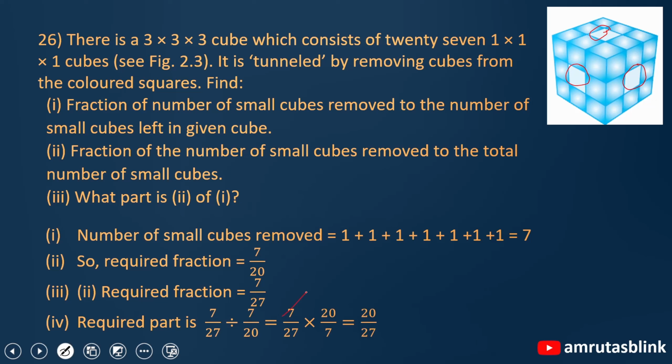Now this 7 and 7 will get cancelled, so we have 20 upon 27. So we can say that the answer of the second question is 20 upon 27th part of the answer of the first question, that is 7 by 27 is 20 by 27th part of 7 by 20.